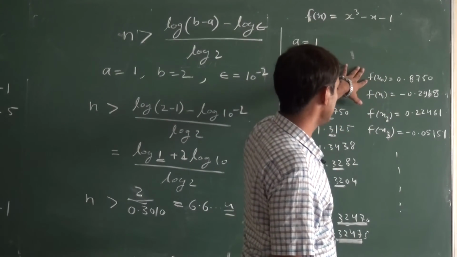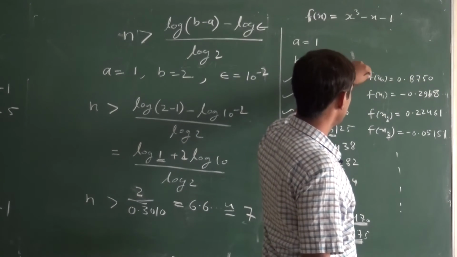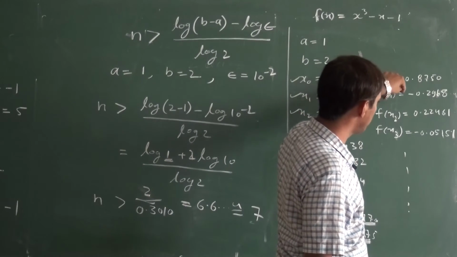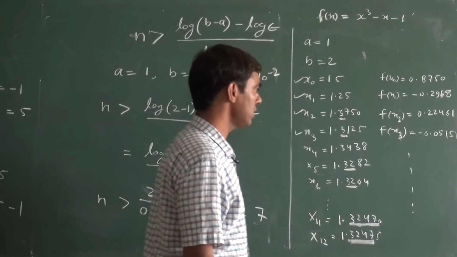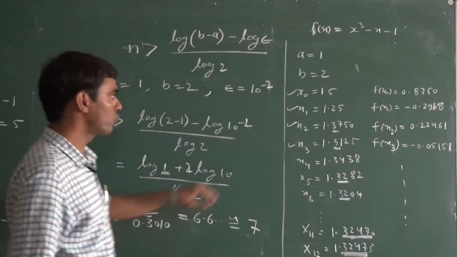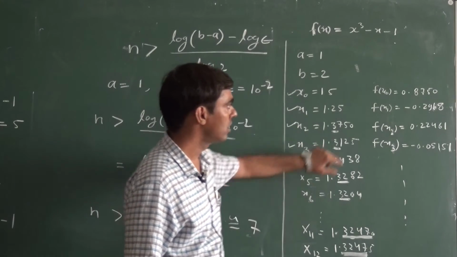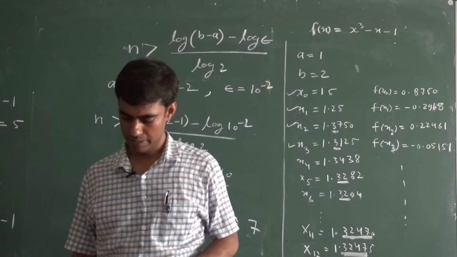And vice versa, if we closely look at the value of the function, it tends toward 0, because as we approach the exact root, the value of the function approaches 0.